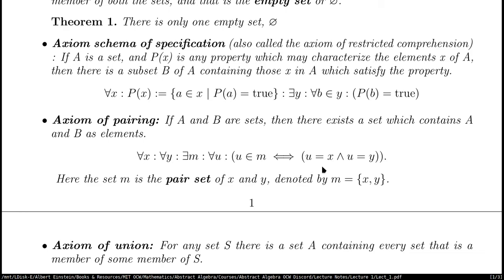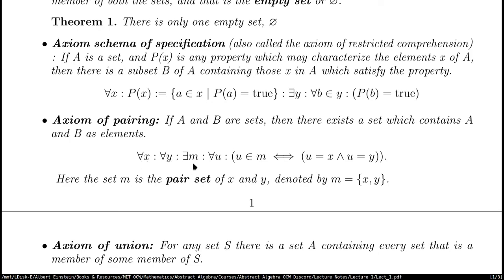If you have two sets A and B, then there exists a set which contains A and B as its elements. So you have the set X and set Y.